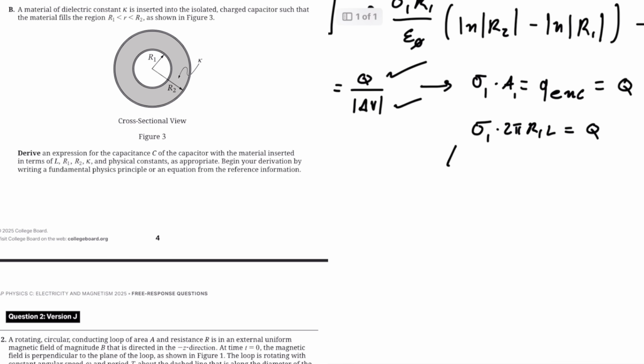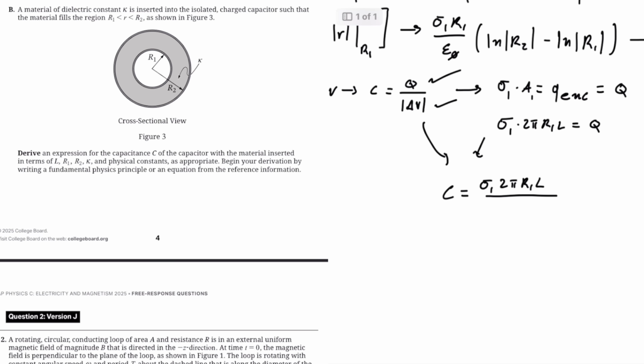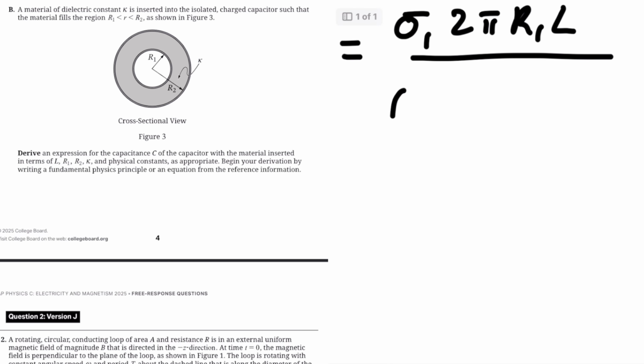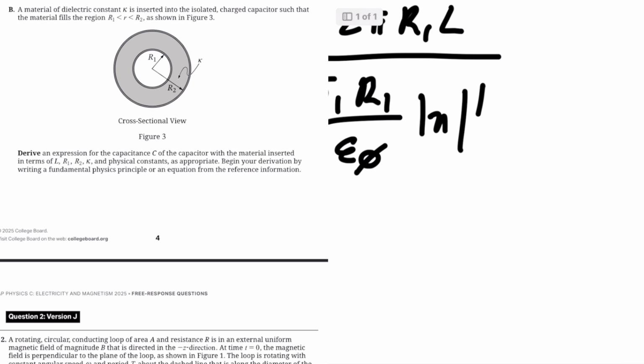So now I'm just going to take what I know here and solve for capacitance. I just showed that Q was this. And now let's divide by the potential difference. Well, the potential difference over here was sigma 1 R1 over epsilon naught times this ln expression.